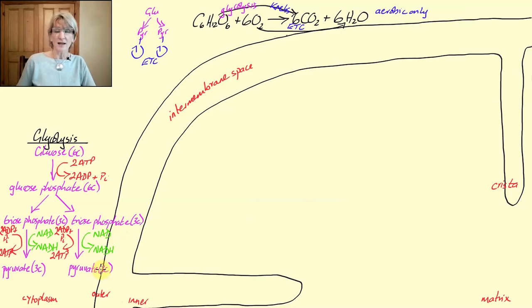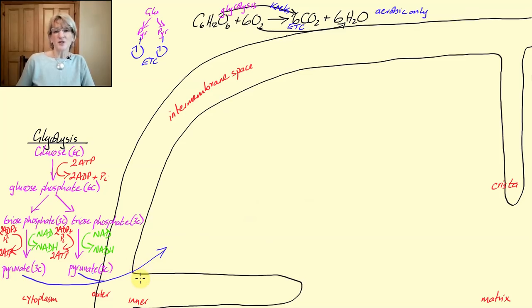And once again, the sole reason for that is so that the NADH can be recycled back to NAD. This recycling of the NAD/NADH during anaerobic respiration allows anaerobic respiration to keep going, and therefore is crucially important.